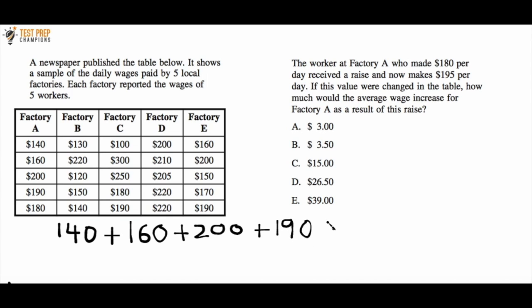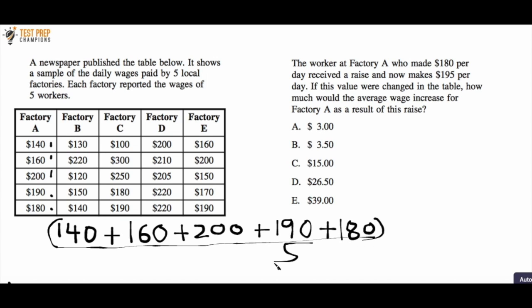But first, we're going to take all of the numbers under factory A and add them up. I believe there are 5 workers total here, right? There are 5 values: 1, 2, 3, 4, 5. So I'm going to divide by 5. Let me crunch this in my calculator.